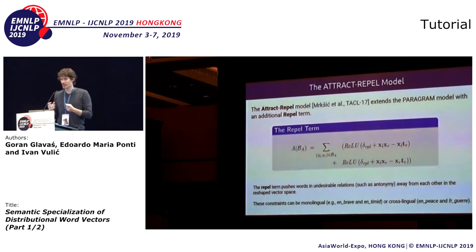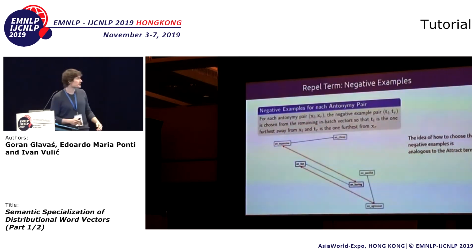The only thing you do here is try to push two antonym words, by a margin, further apart than the vector of the negative example. The way you select the negative example is now the least similar word in the current mini-batch to the word from your antonymy pair. And this is the illustration of what is going on.